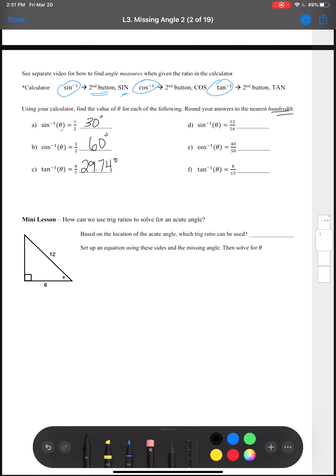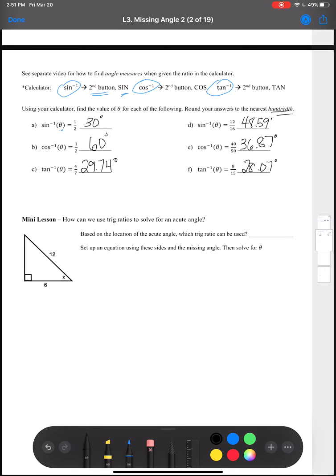Inverse sine of 12/16, 48.59 degrees. Inverse cosine of 40/50, 36.87 it looks like. And inverse tangent of 8/15 is 28.07 degrees.